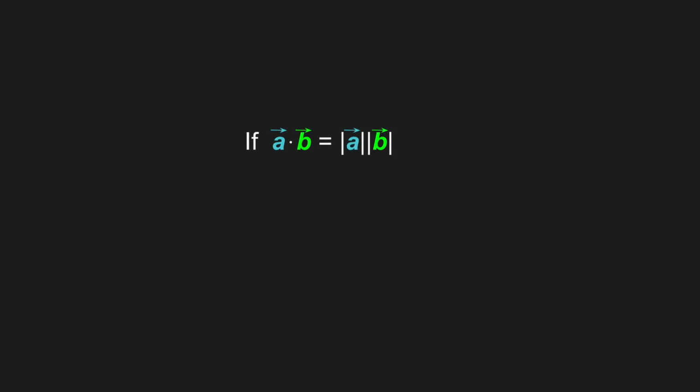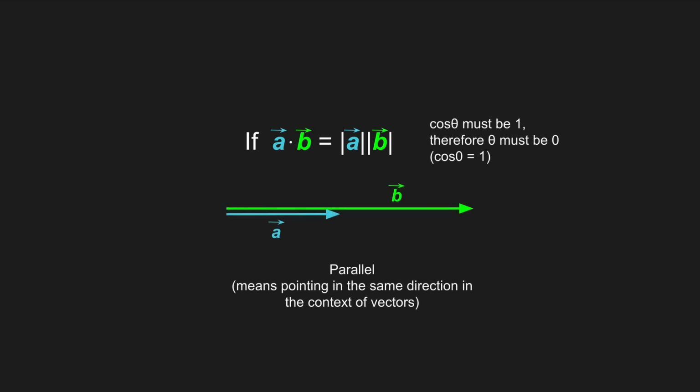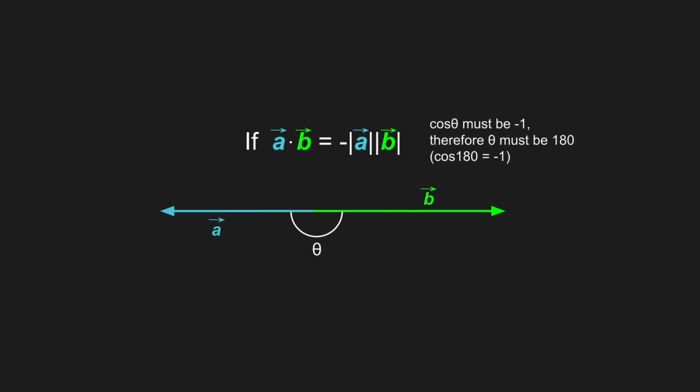If the result is equal to the product of the magnitudes, then the vectors are pointing in the same direction. In other words, parallel. If the result is product of magnitudes times -1, the vectors should be anti-parallel. In other words, pointing in the opposite direction.